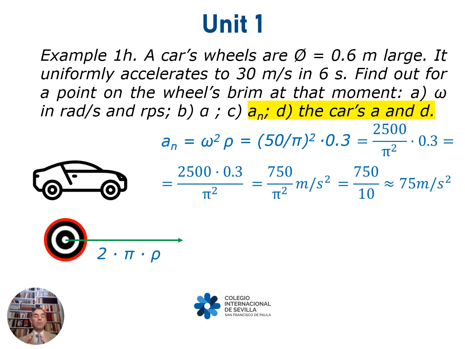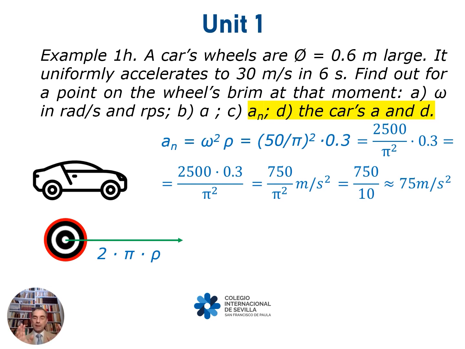Let's now stop for a second here. We know that gravity equals 9.8 meters per second squared, and we have now the wheel of a car whose radius is 30 centimeters, 0.3 meters. It is rotating at a rate that allows the car to cover 30 meters per second, 108 kilometers per hour.